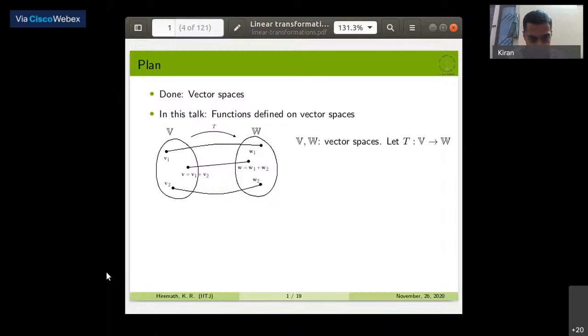The answer is yes. It is possible to map one element of V to more than one element in W. But what is the difficulty in that case? Who can tell me? It cannot be a function.